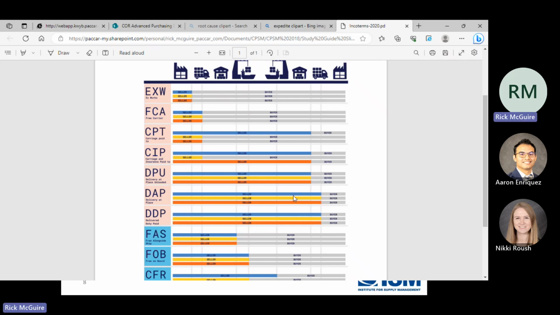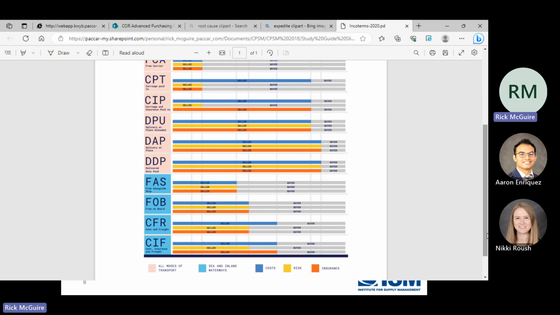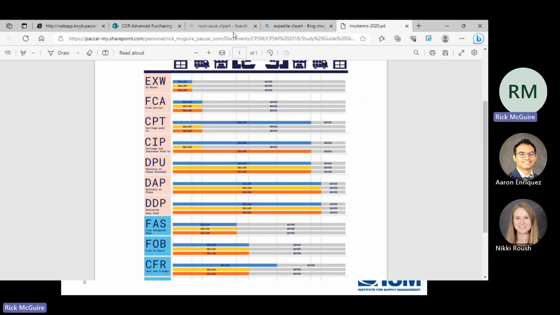And we have a few things like tires that we do this with. Most stuff is FCA. And then these are usually shipping terms that are used. Sea and inland waterways. So these are all modes. So that's a pretty handy chart.